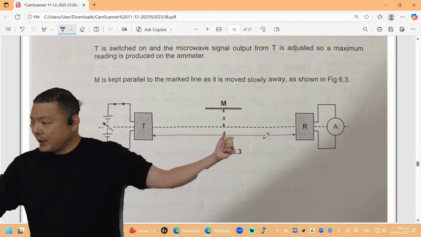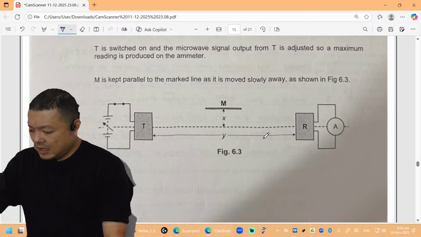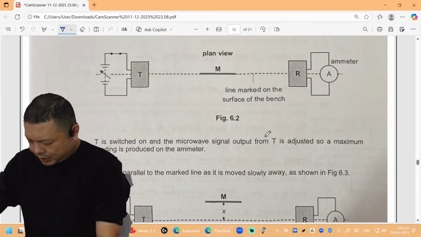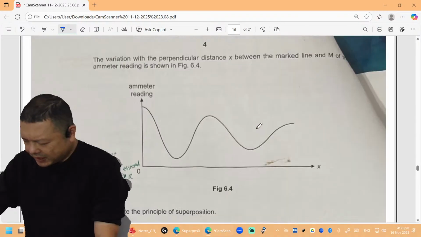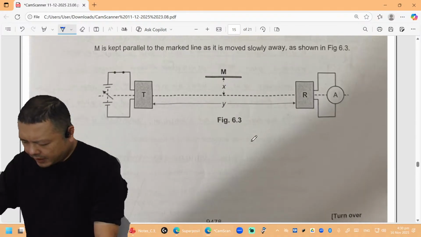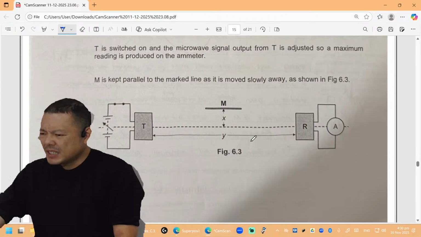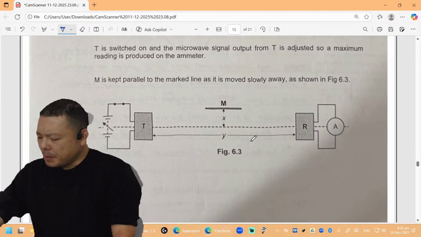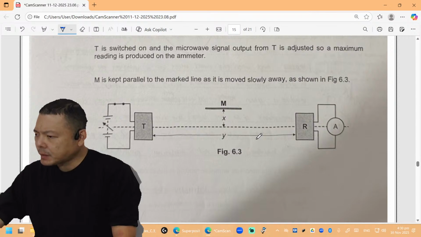Is this a scenario? For IV, it should be 6.3, right? They've gone so far down already, it should be 6.3. And you're supposed to find the first minimum ammeter reading when X is 0.2. How about Y? Do we know what Y is?